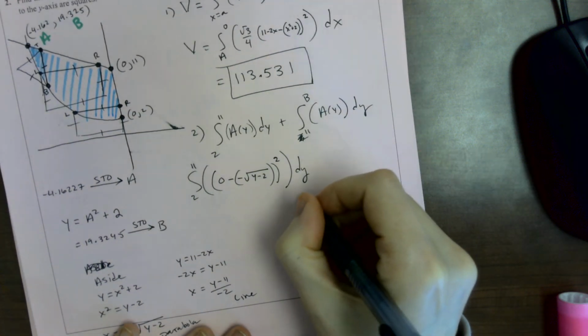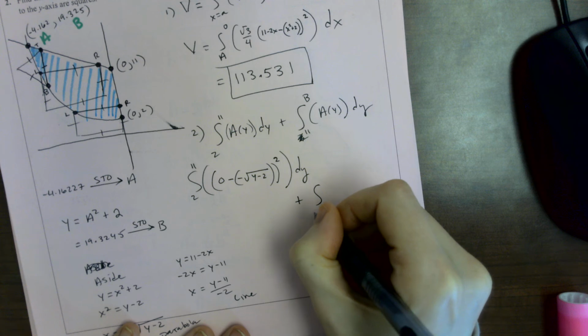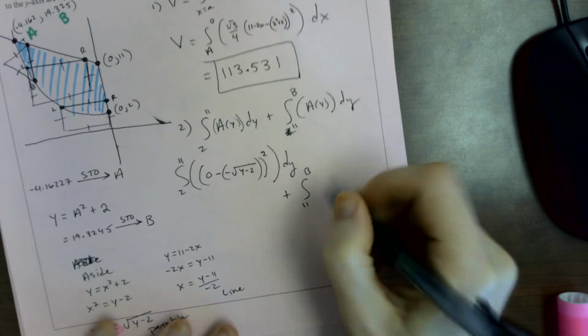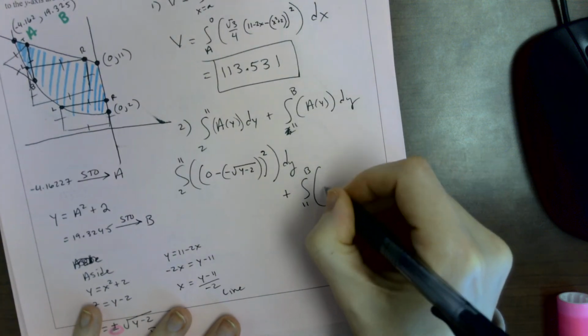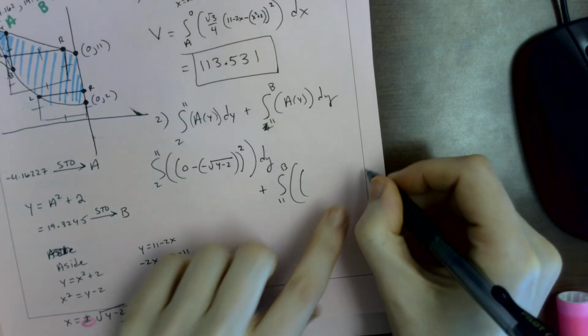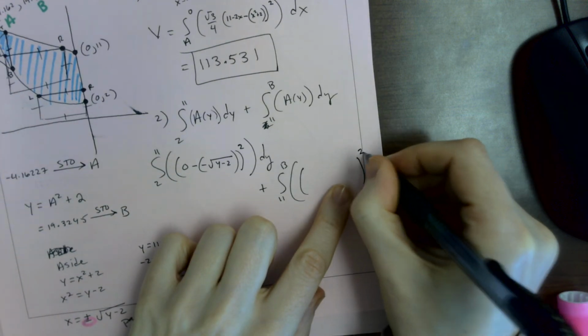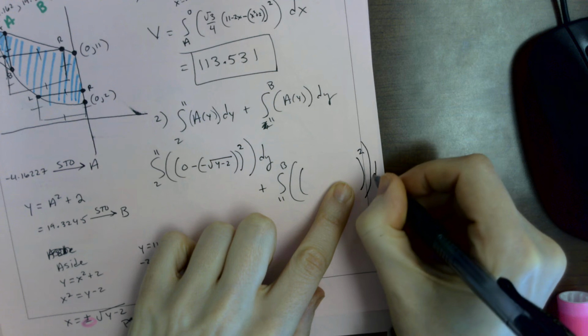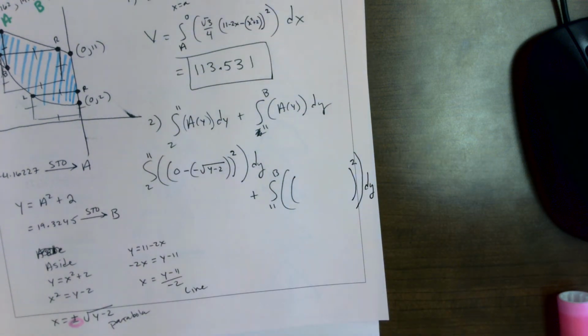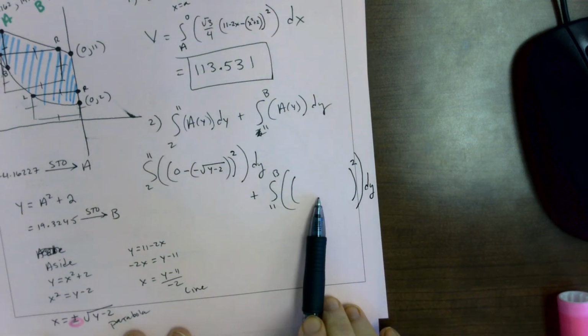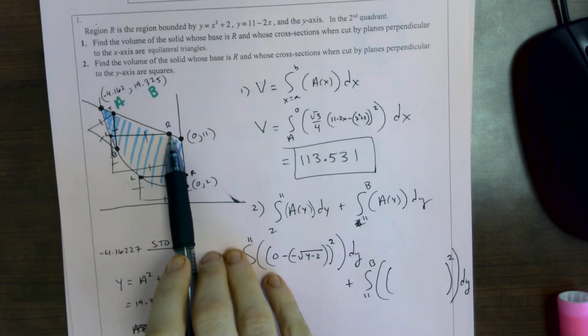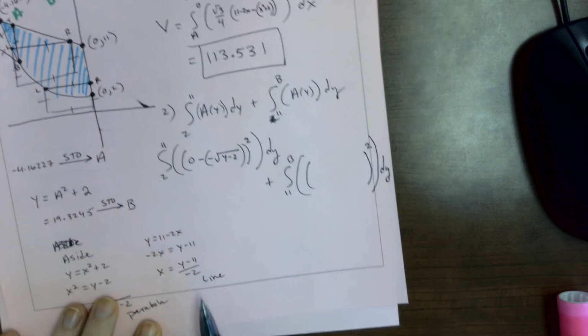And then plus the integral from 11 to b. All right, and then I'm going to be squaring this dy. Here I need right minus left again, but this time right is the line, left is the parabola.